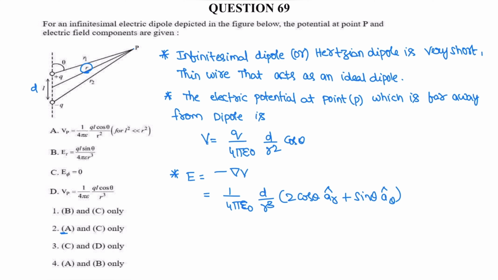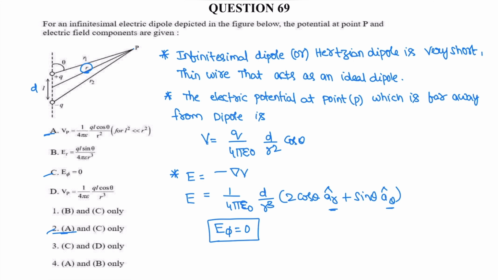So in this case, potential is 1 by 4 pi epsilon naught d by r square into cos theta. So statement A is correct, and the potential at a point P, statement C, is correct. In this electric field equation, the field component in the phi direction is 0. So the electric field exists only in the radial component as well as in the theta direction, but the E phi component is 0. So the correct statements are A and C.